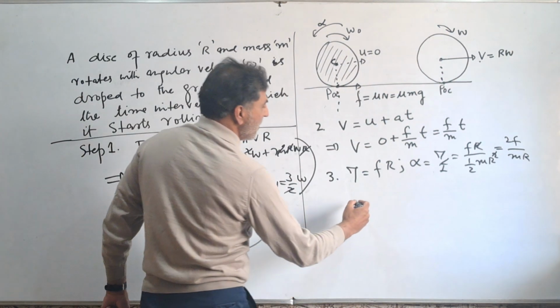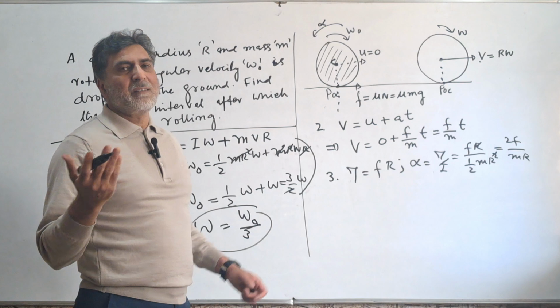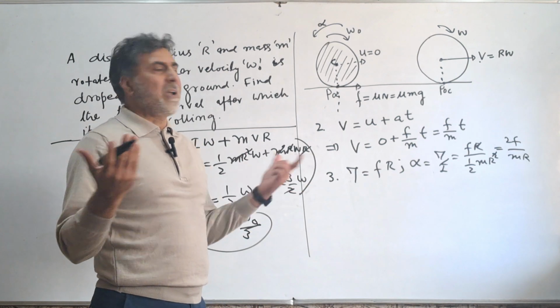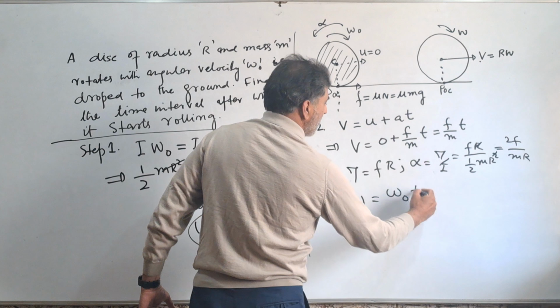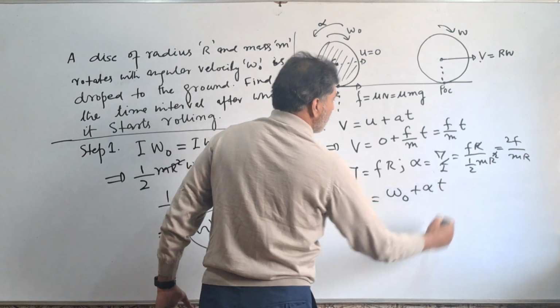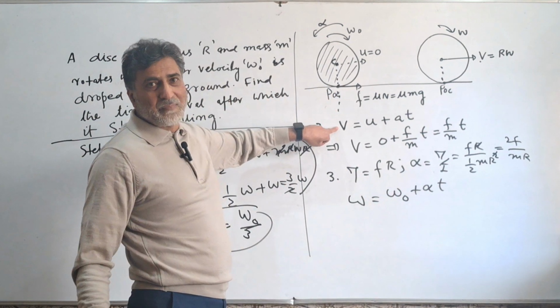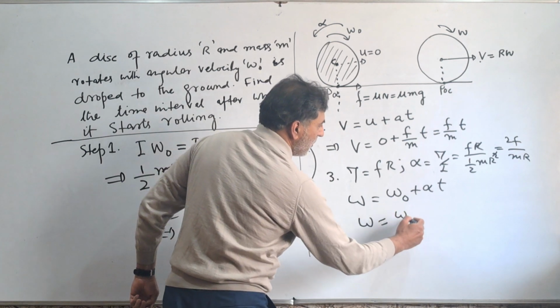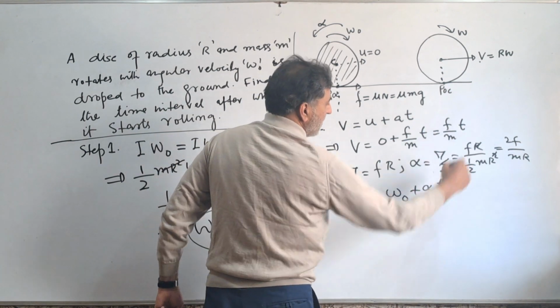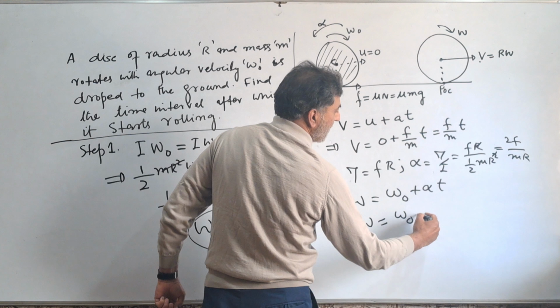The relation is, that is kinematic equation, rotational kinematics, final angular velocity is equal to initial angular velocity plus angular acceleration into time. Is this similar to this equation? So what is omega? That is omega 0, alpha is negative.